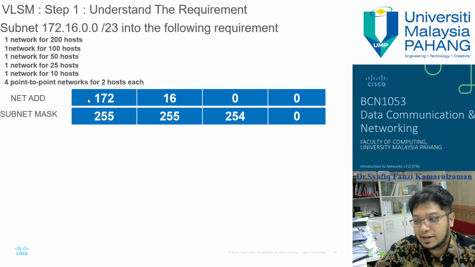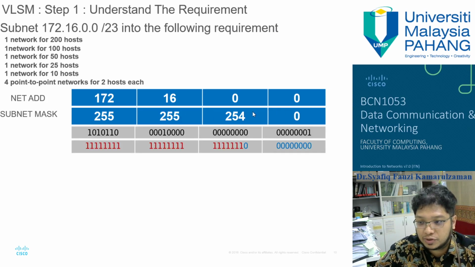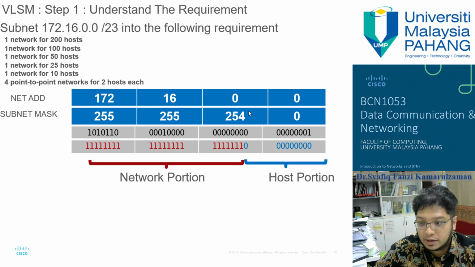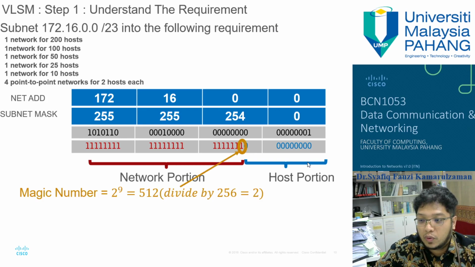This is the network address, and this is the subnet mask. As usual, look at the binary and try to find the network portion and the host portion first. In this case, your network portion is 23 bits and your host portion is 9 bits. So find the magic number here.